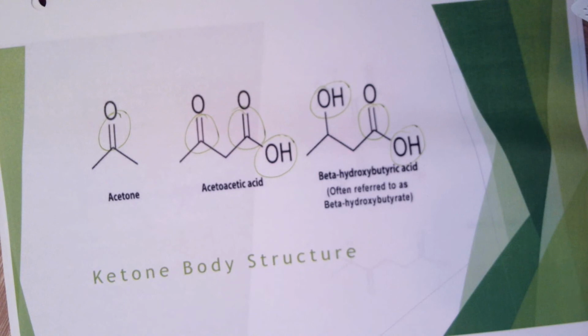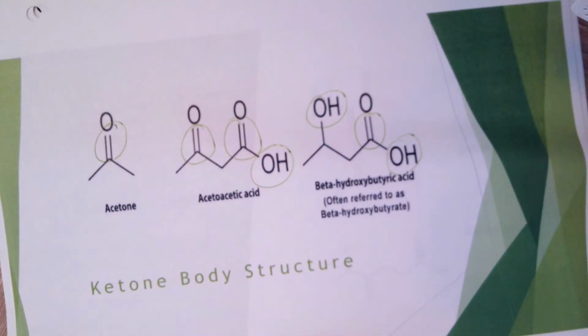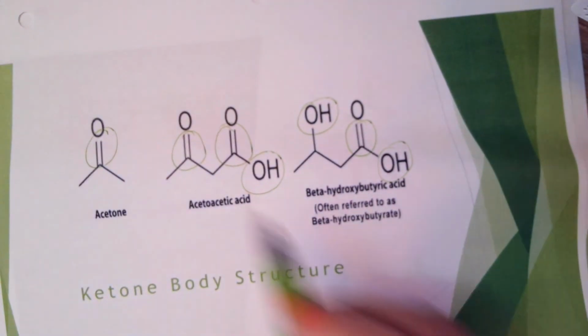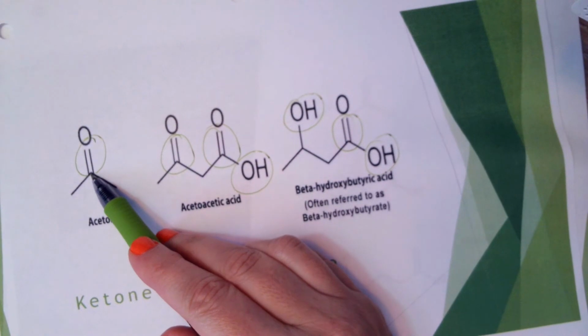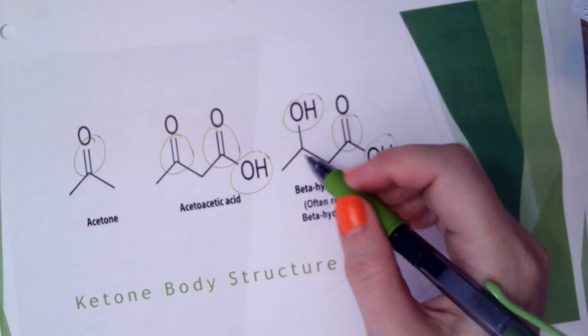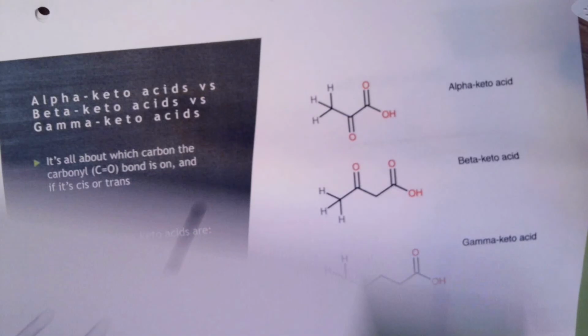And then we can get more deeply into specific keto bodies, like the one we saw coming from leucine, and whether they are alpha, beta, or gamma, depending on where these little oxygen double bonds are, what carbon they're on, and whether they are on the same side of the molecule or on opposite sides.